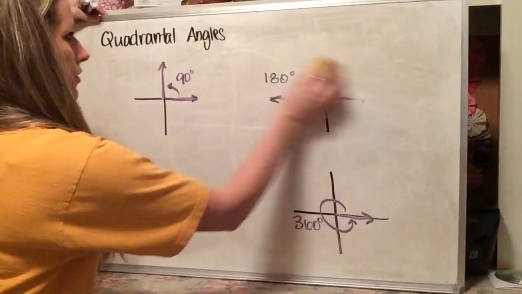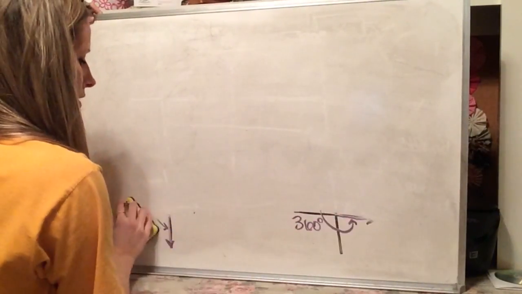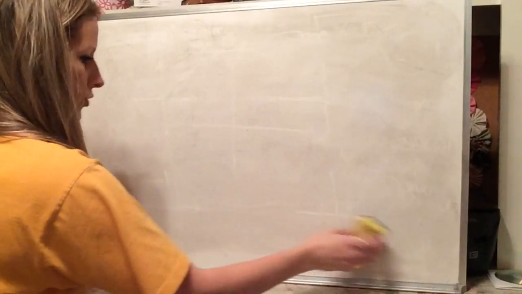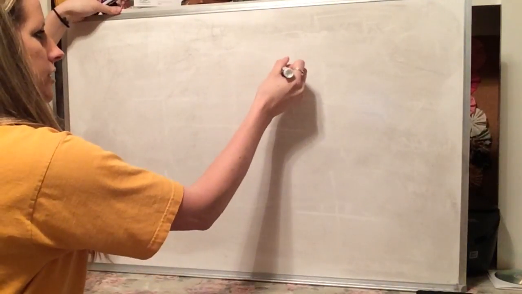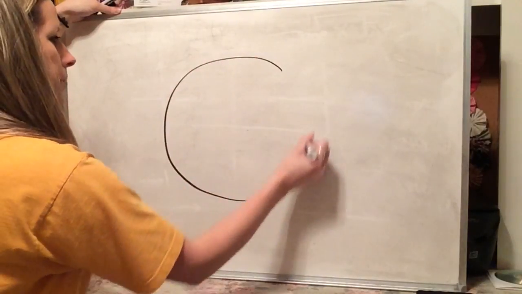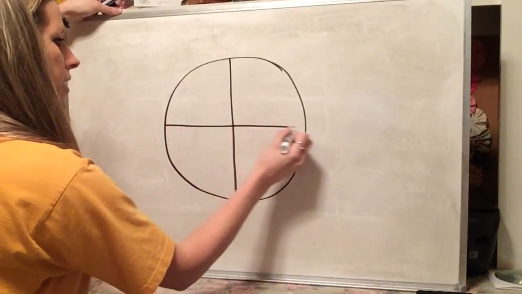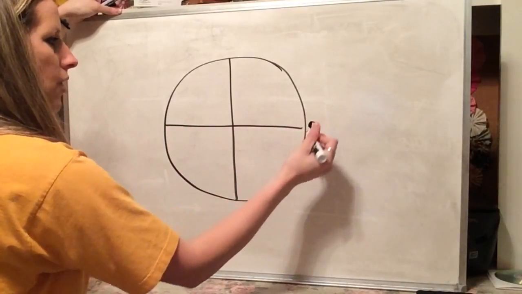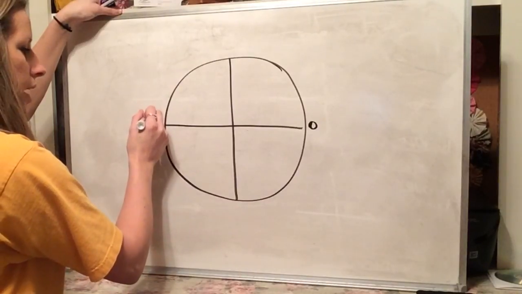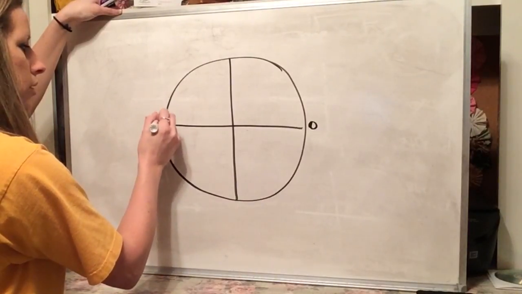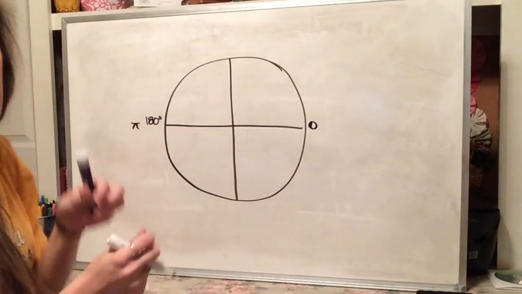So let's look at our first circle. The first circle is broken up into 4 different sections, right? So what I like to do is I'll start off with, this would be 0, and over here would be 180 degrees, right? And we know that 180 degrees is the same thing as pi, in radians.